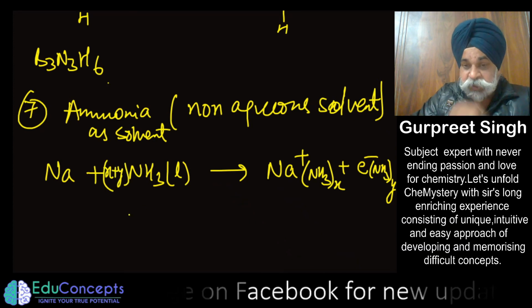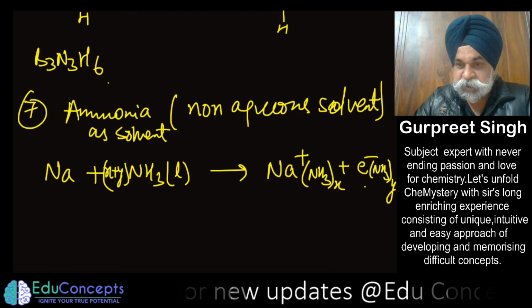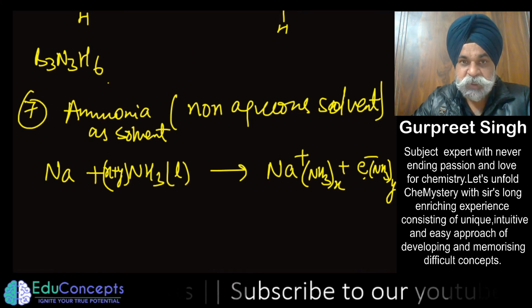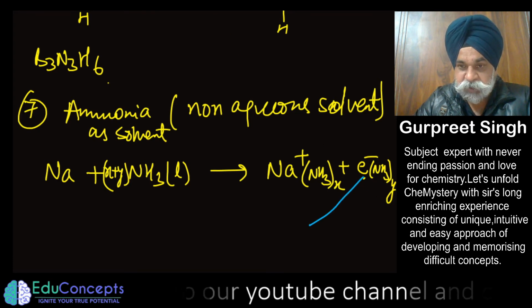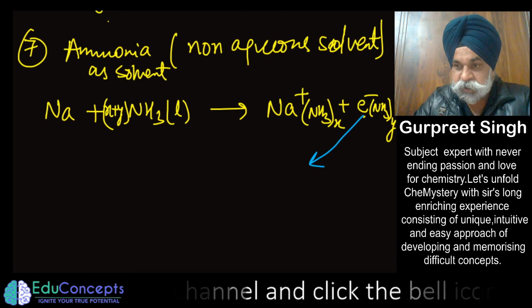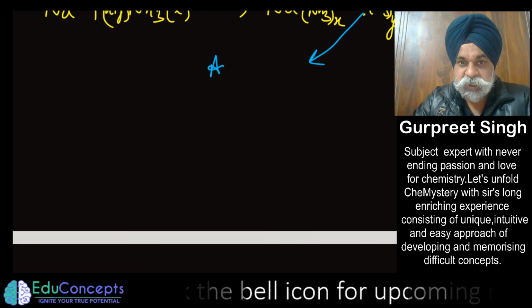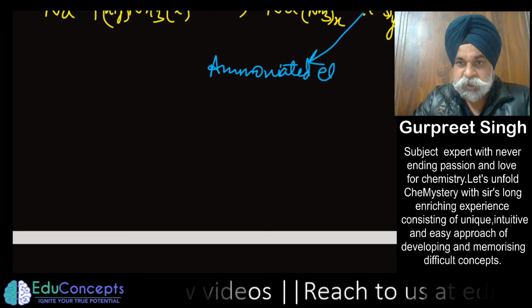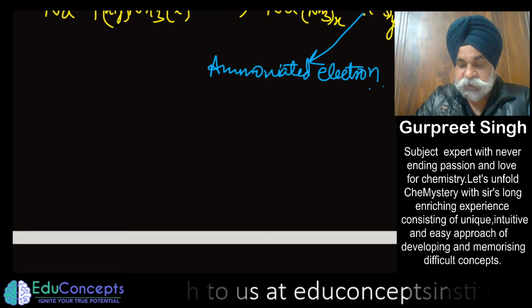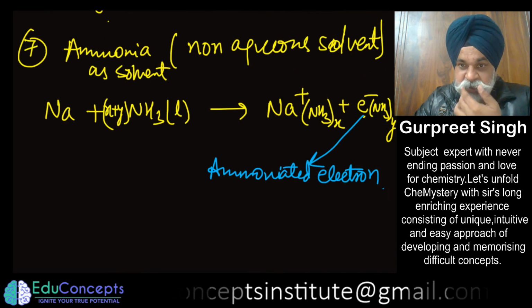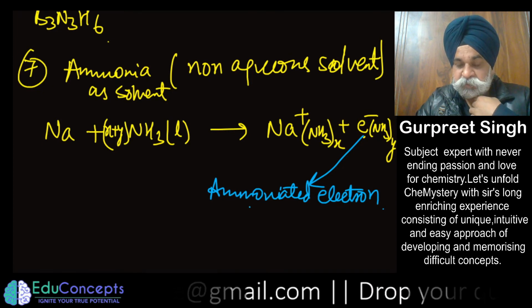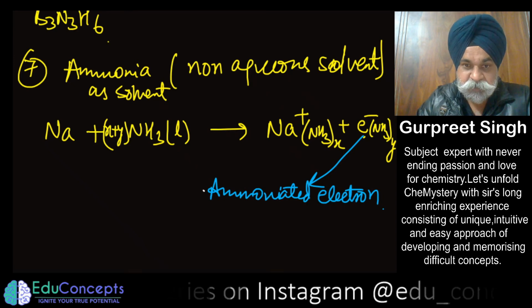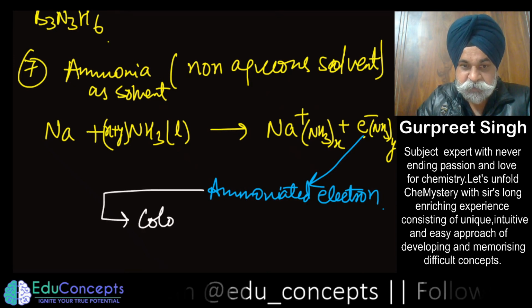So sodium dissolves in liquid ammonia, and this electron which we get is a solvated or ammoniated electron. It is being solvated with ammonia. This solvated electron would be the cause of color.